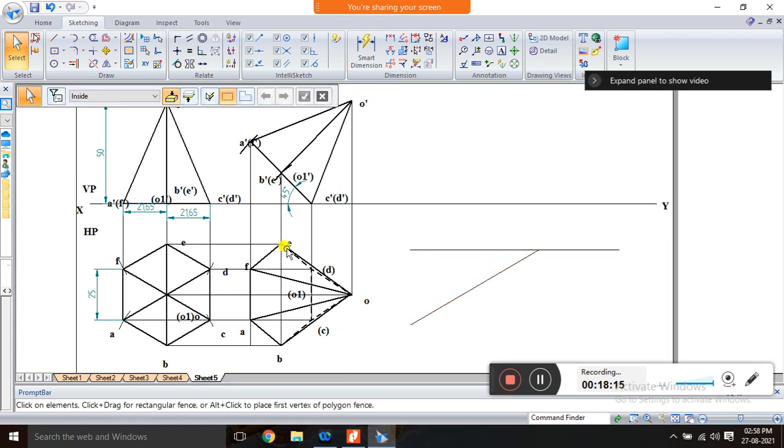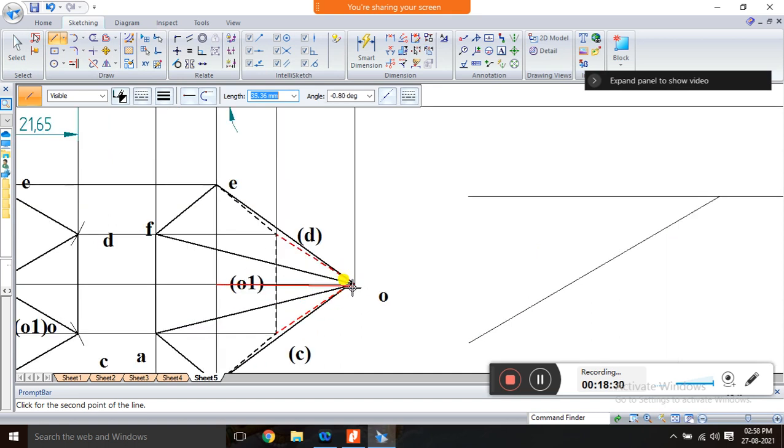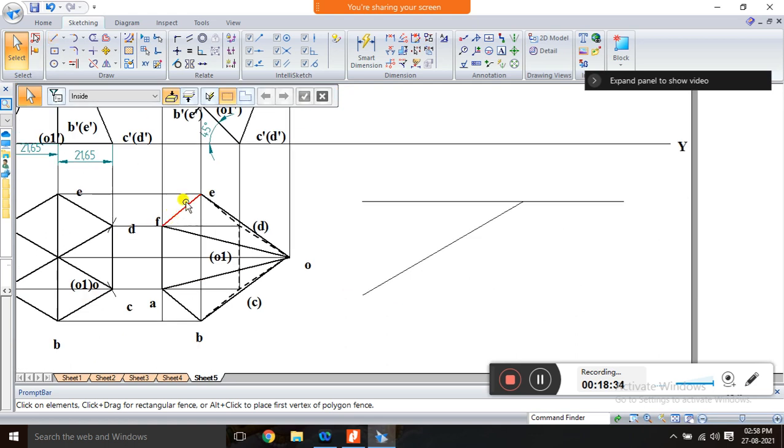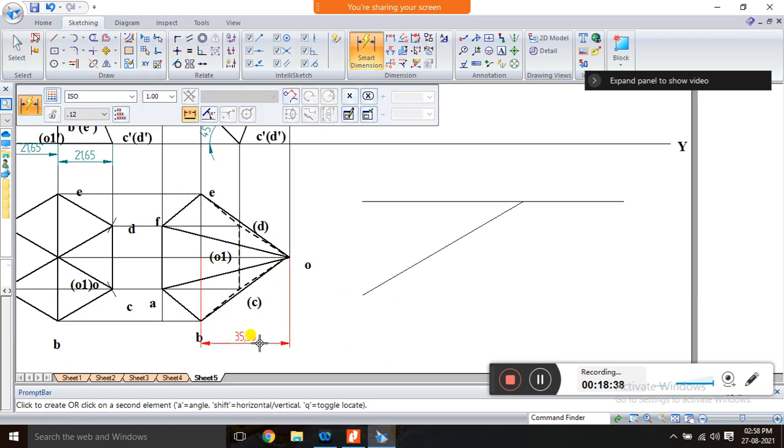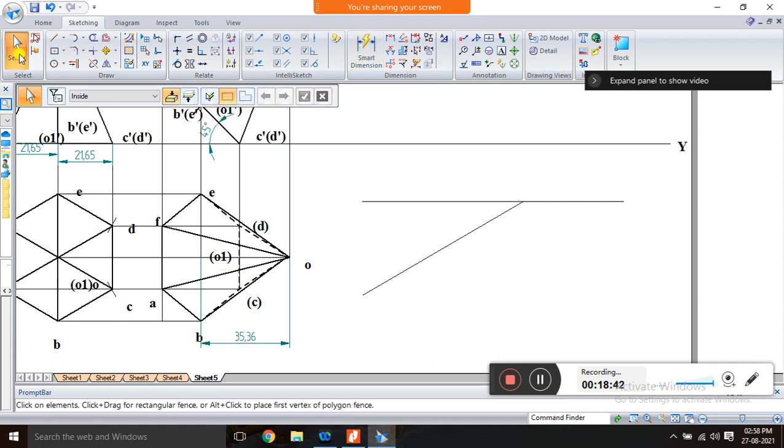Next, what you have to do is take the first position axis. The first position axis is of how much? So draw the axis here. First position axis is 50, but check the second position axis, it is 35.36, which means the axis is reduced from 50 to 35.36.